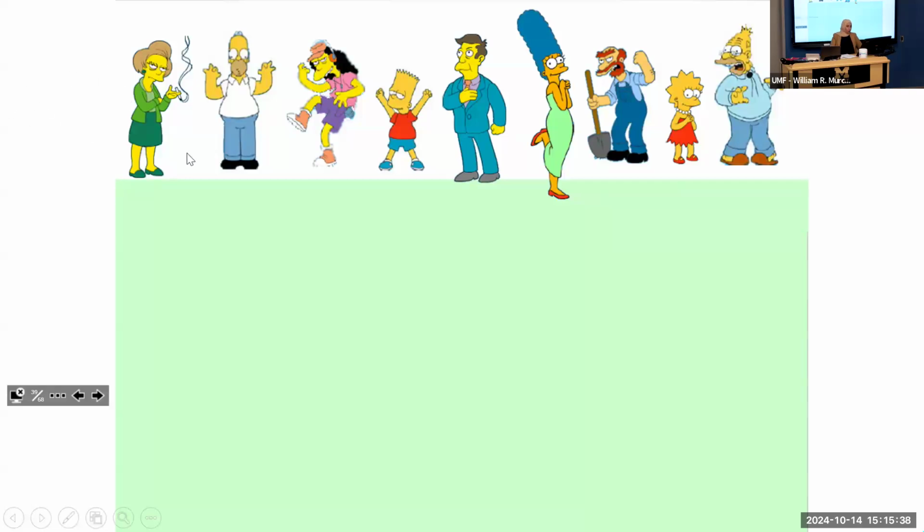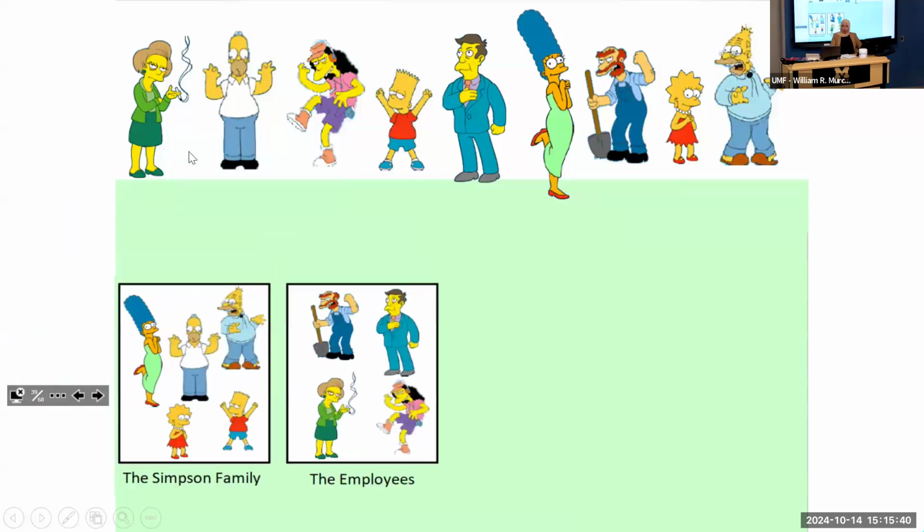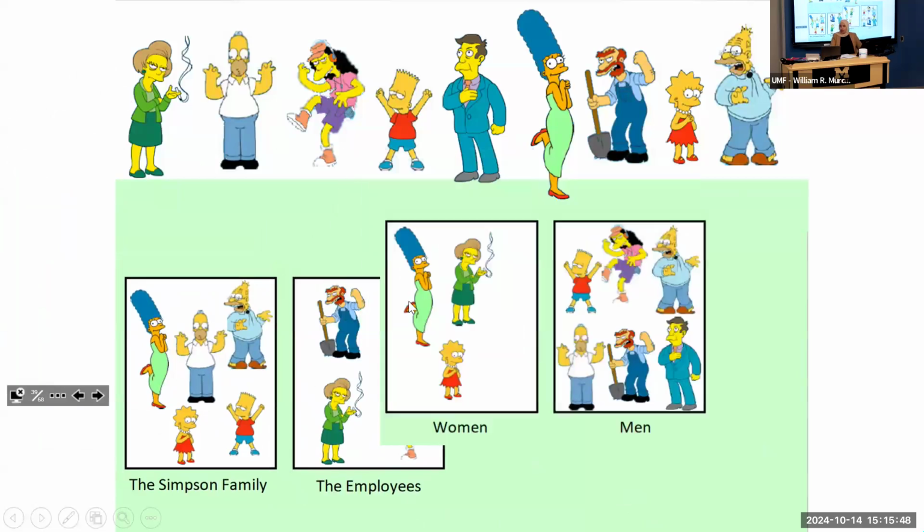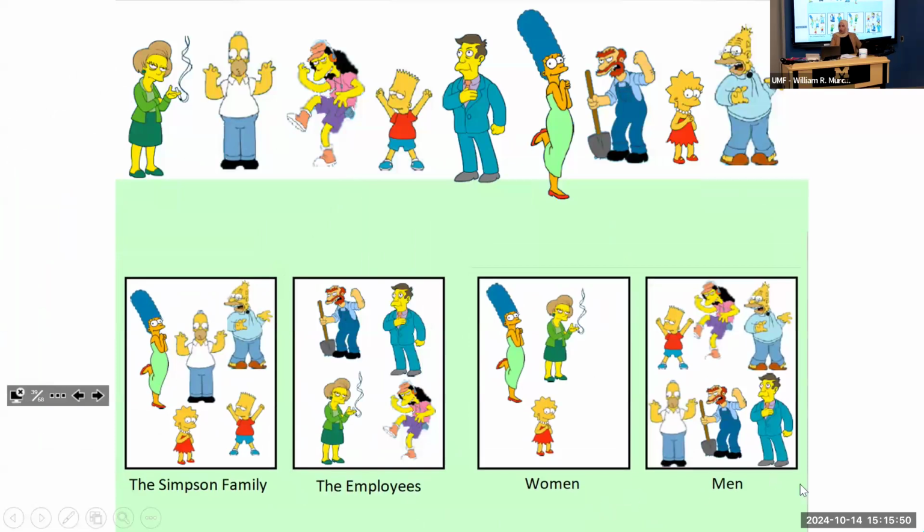So what does it show? We can form them in groups of the Simpson family members and others belonging to the employees, okay? Or we can have a group of men and women. So this shows that segmentation is subjective.